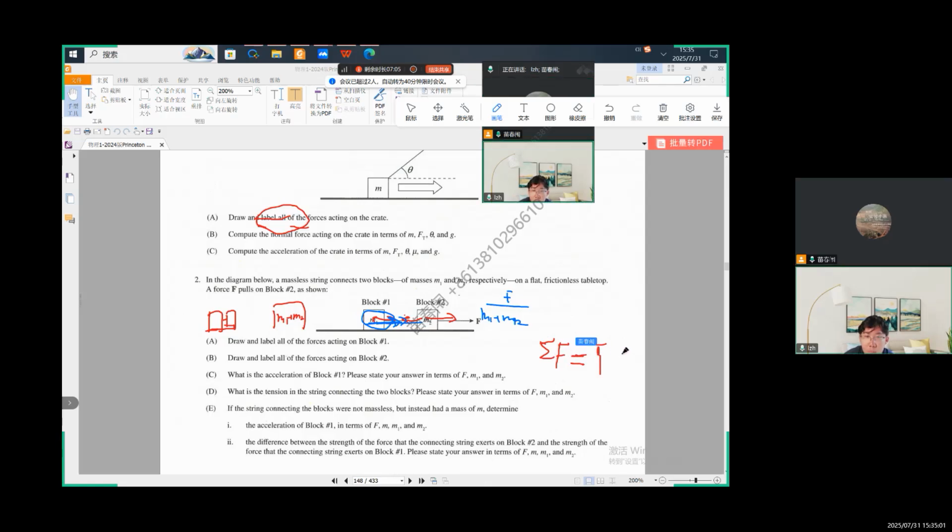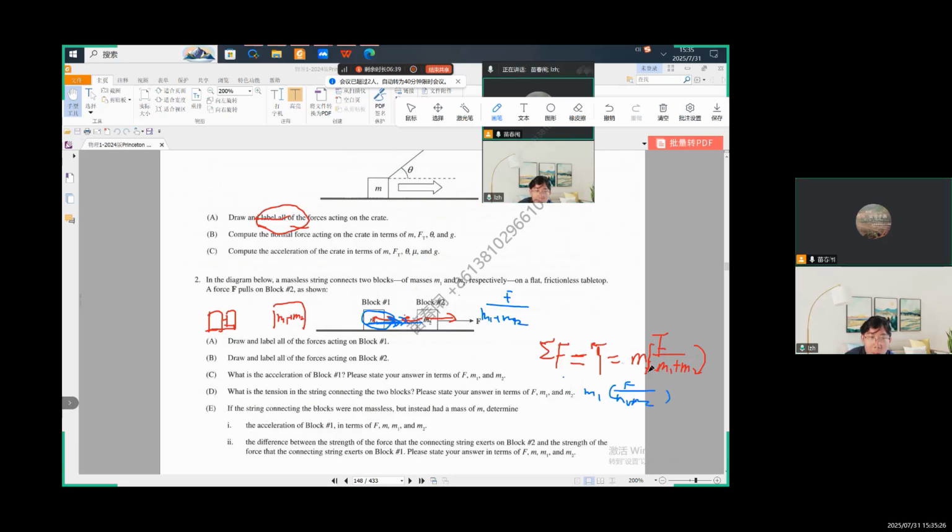And in question C, my acceleration is F over m1 plus m2. Does that make sense? So m1 times a. Oh yeah, F equals ma. I get it. That'll be D.